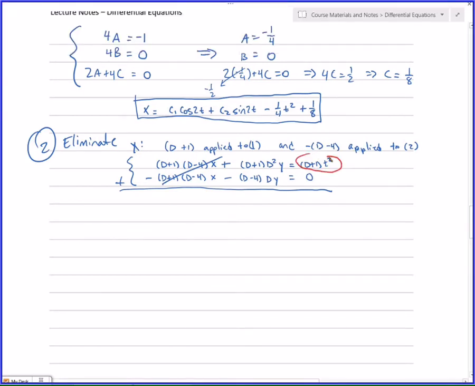What is d plus 1 of t squared? That's the derivative of t squared plus t squared. What's the derivative of t squared? 2t. So on the right-hand side, we actually now have 2t plus t squared, or t squared plus 2t.